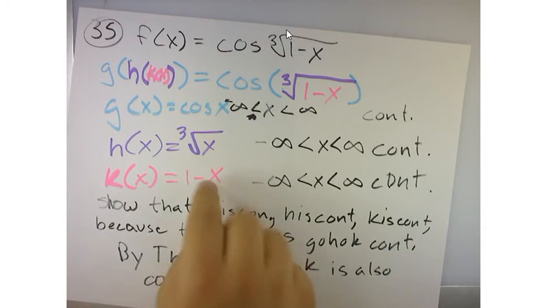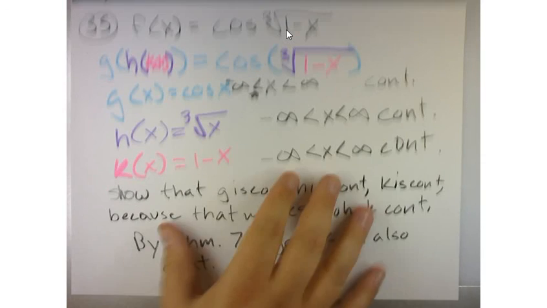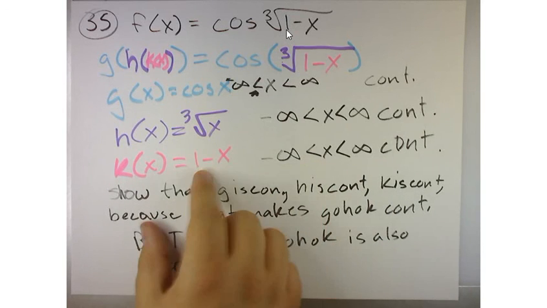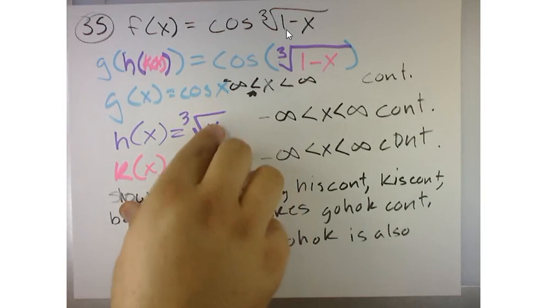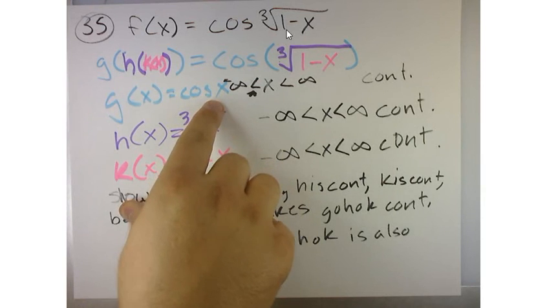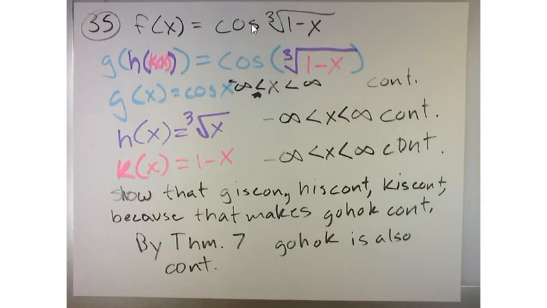So a discontinuity anywhere in the chain will cause a discontinuity for the whole function. Also, a continuous function inside of a continuous function is still continuous. And if you take one more and plug it into a third function that's continuous, then it'll be a continuous composite function. Okay? Does that make sense?